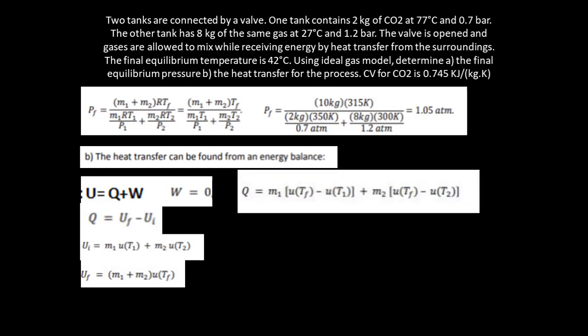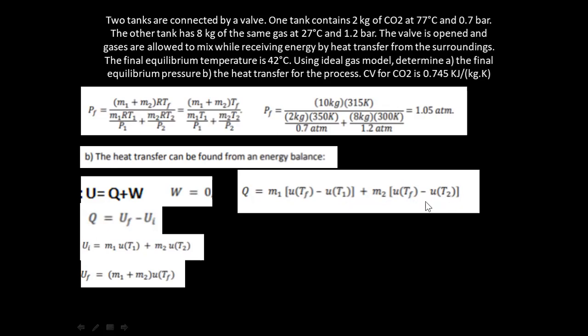Now, if we're going to substitute UI and UF to our Q or heat equation, this becomes Q is equal to M1 times (u TF minus u T1), plus M2 multiplied with the following quantity, u TF minus u T2.